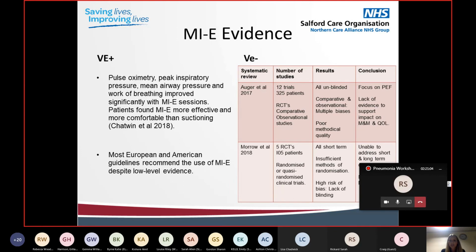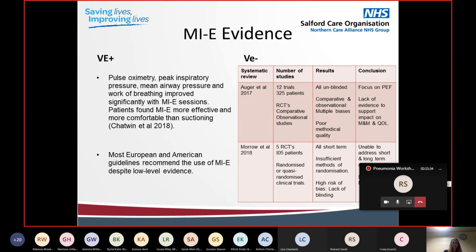The methodological quality seems to be quite poor. Lots of the focus is on peak expiratory flow, and it probably can't be used in isolation, because although it says that we improve cough efficacy, it doesn't necessarily always attribute to removal of secretions. It doesn't show long-term effects, or impact on mortality, morbidity and quality of life for the patients.